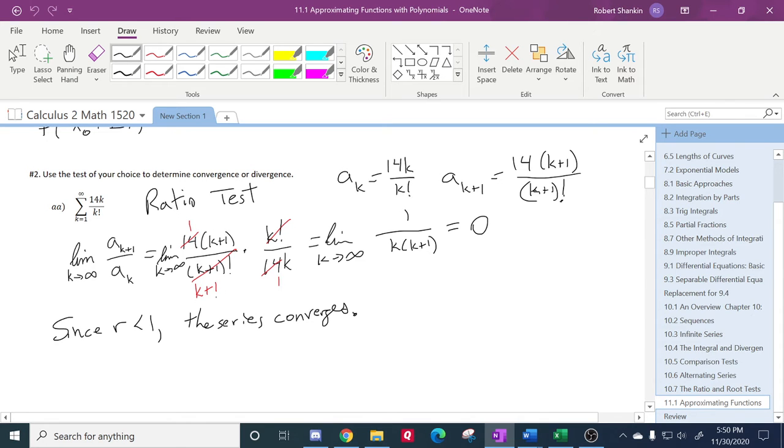I was just seeing this and this one, and then these reduce. So we get 1 over k, but that limit is still 0. So thanks for pointing that out, Rowan.